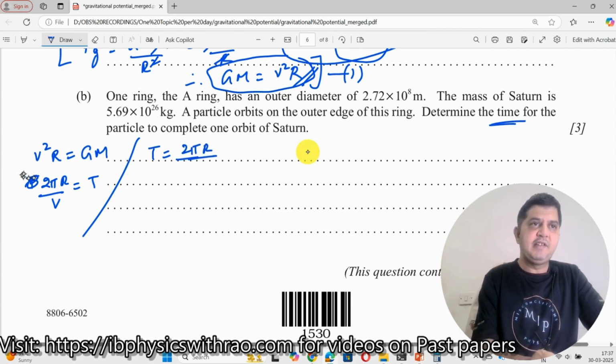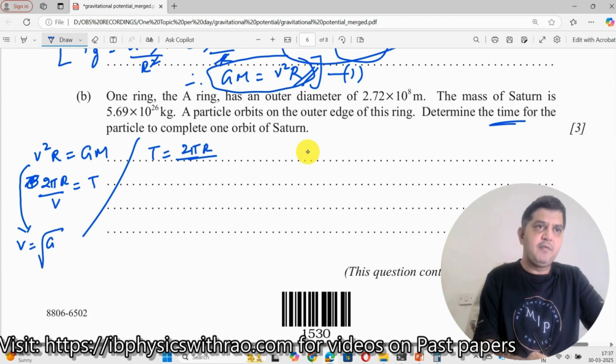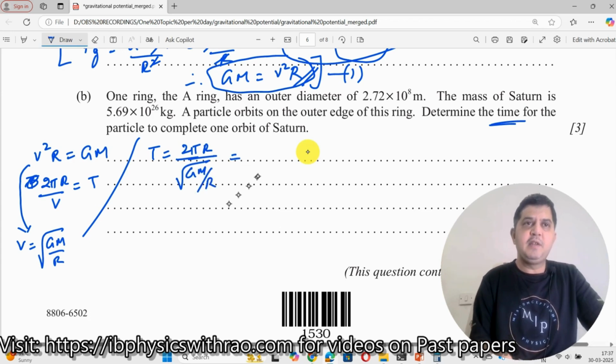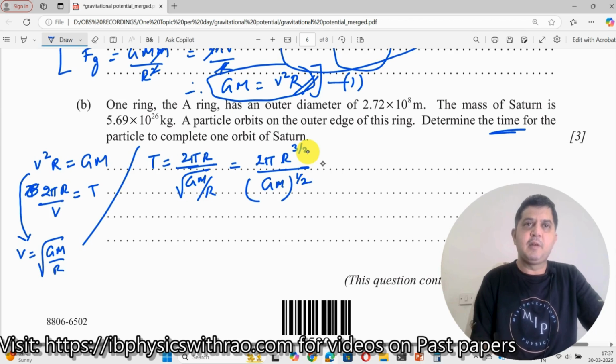For v, from this expression I can now write v is equal to square root of GM by r, right here. Which should now be equal to 2π into, r goes upwards, r into r to the power half would be r to the power 3 by 2, divided by GM whole to the power of half.